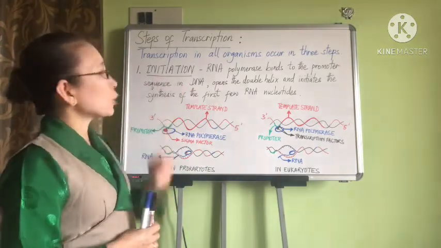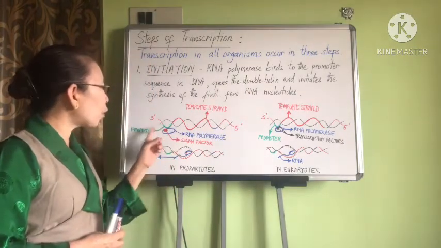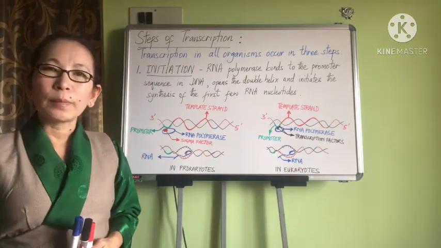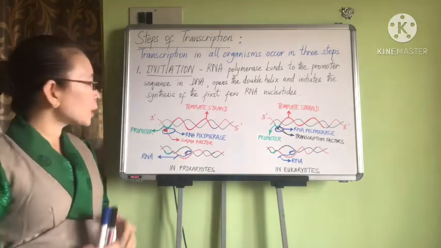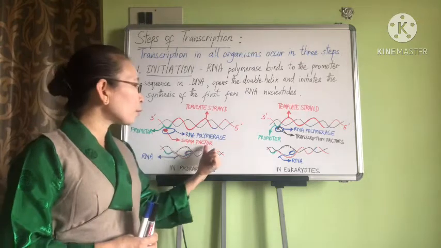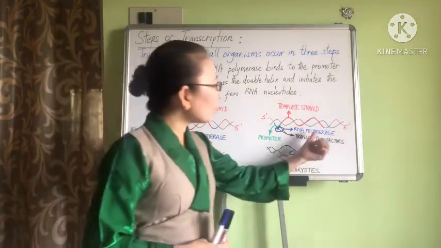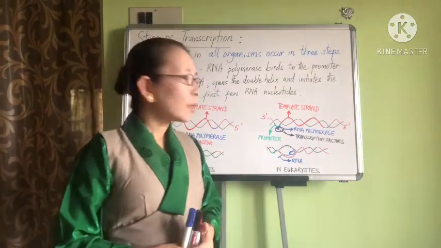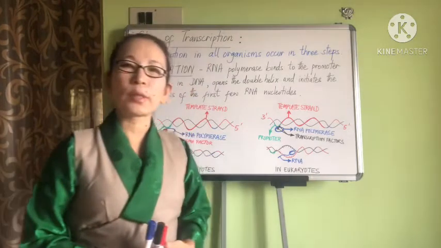So during initiation, RNA polymerase binds to the promoter sequence of the transcription unit. And binding of the RNA polymerase to the promoter sequence is mediated by a sigma factor in prokaryotes, while in eukaryotes it is mediated by several transcription factors.